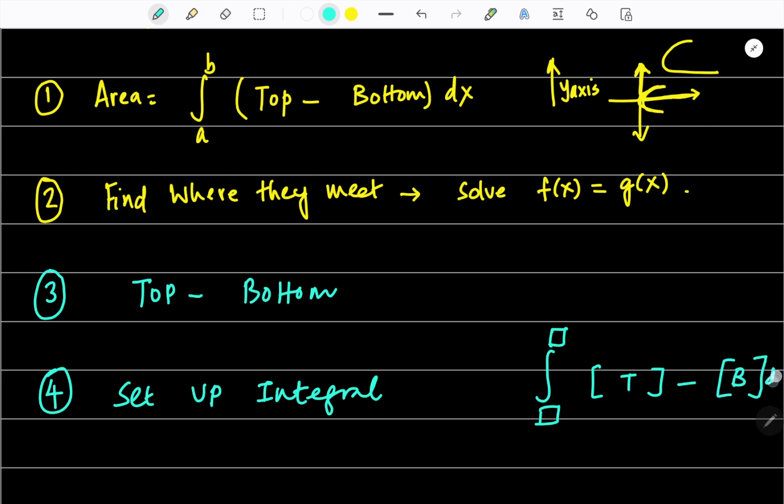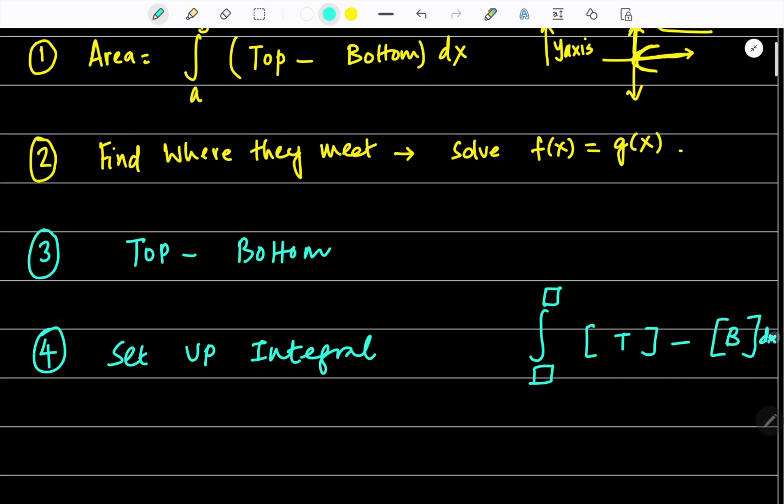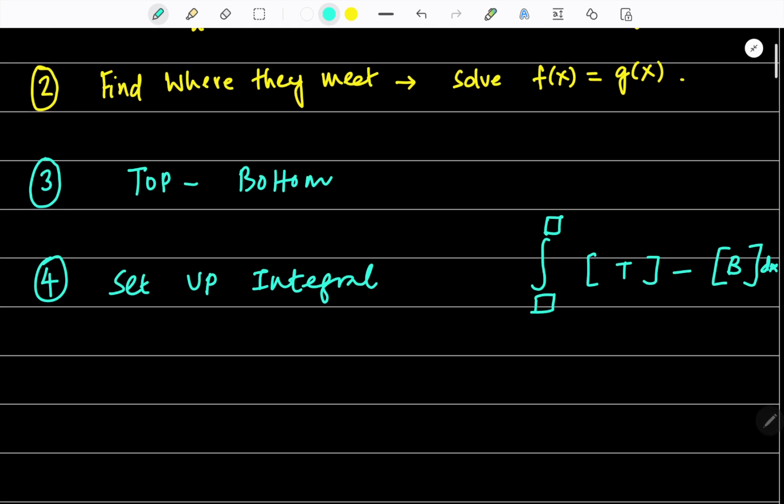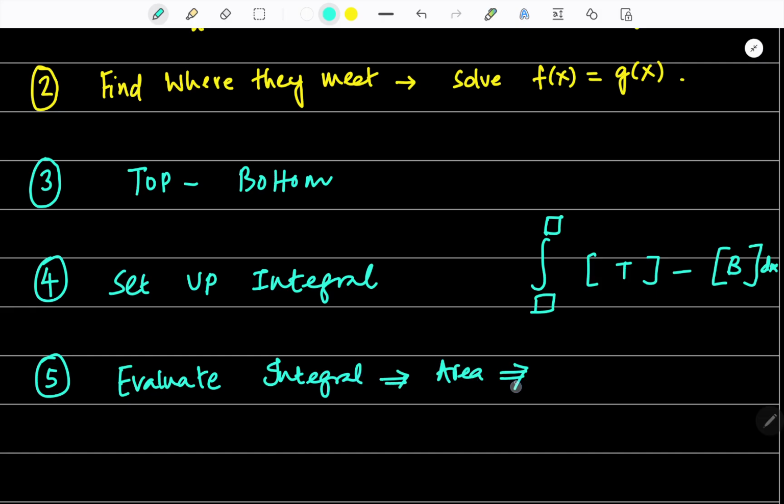This is called setting up the integral. Then step number five is to evaluate the integral.